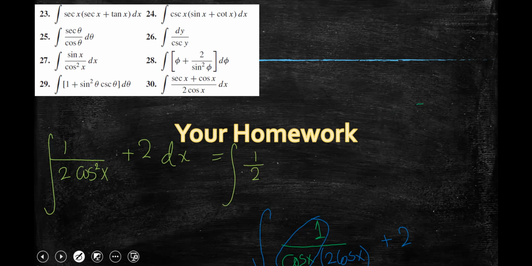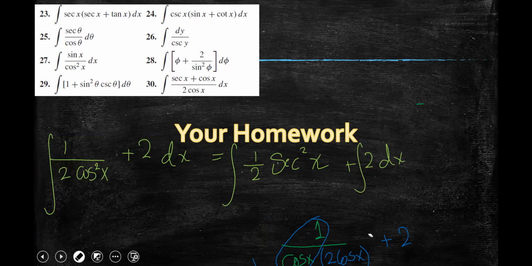Now, what is 1 over cosine? Secant, so 1 over cosine squared is secant squared, plus 2 dx.